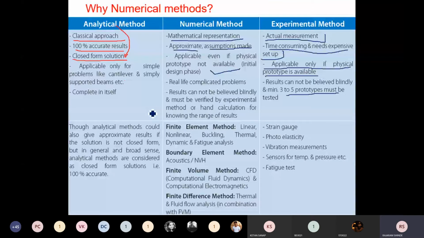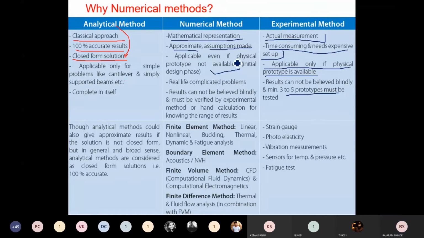We develop the geometry of the model and solve the mathematical model over that geometry, over that domain. So without a prototype also we can predict the results. They may be approximate results, but we can make them acceptable.